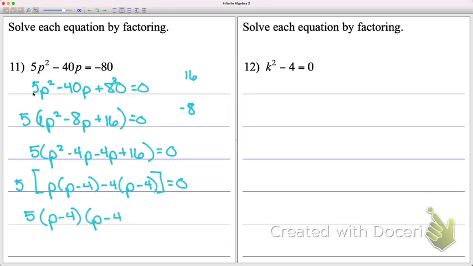I put the brackets because you still have what hanging out here? The 5, and I need to know to keep it out.